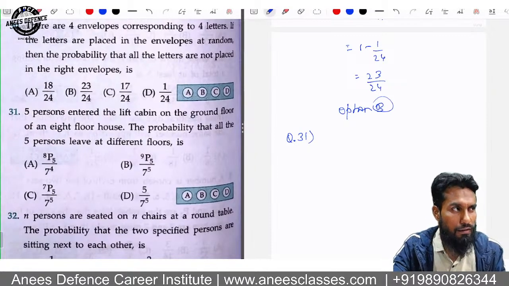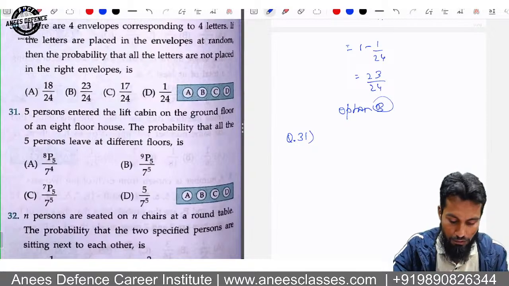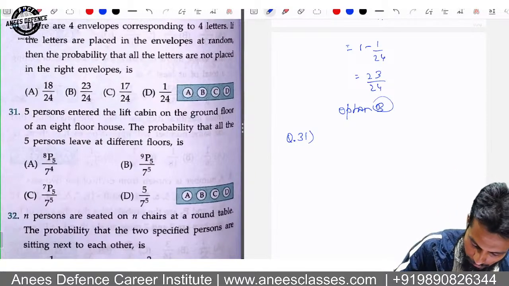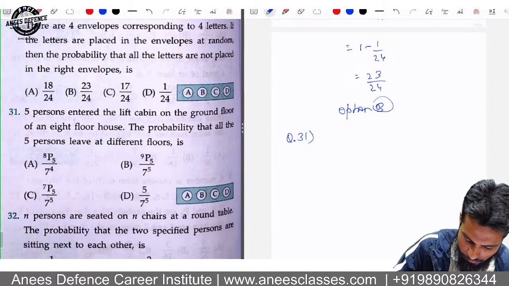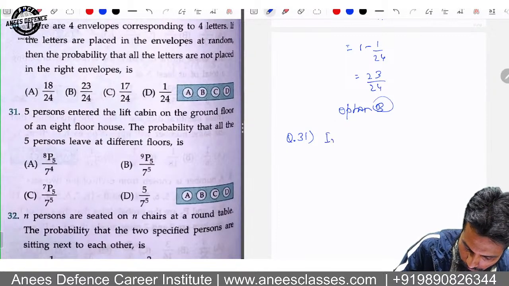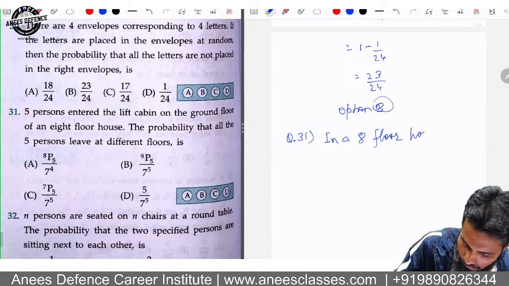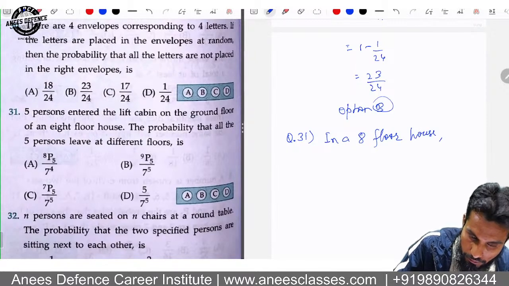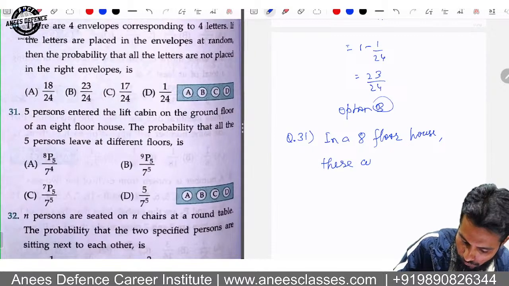Maybe the terrace part is left, you cannot consider that. Anyhow, you have to understand the question very fast. That is important. So in an 8-floor house, there are 7 floors only above the ground level. That is important to understand: one less than the total number of floors. There are 7 floors above the ground level.